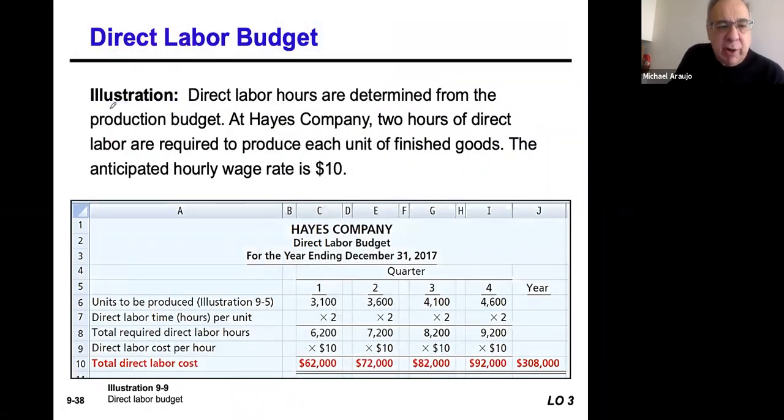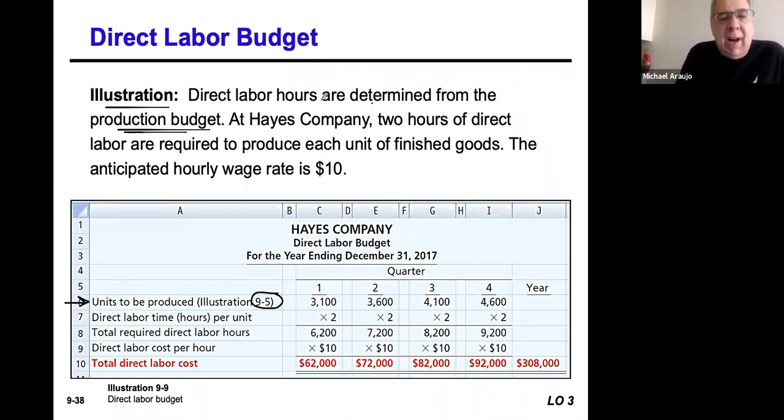So here's an illustration. This is also in your book. We have direct labor hours determined from the production budget. Remember that production budget from learning objective 2. Matter of fact, we'd have to go back to page 369 in learning objective 2 to look at that illustration, which is illustration 9.5 here, to find all the units that we need to produce.